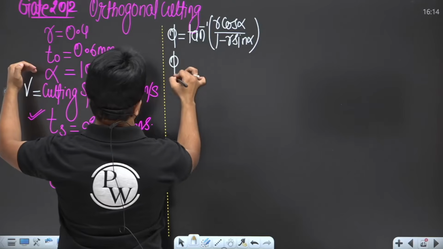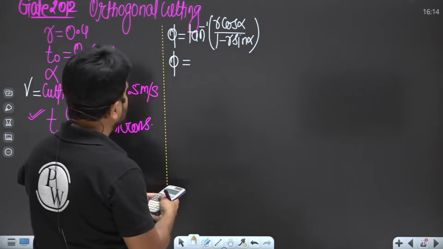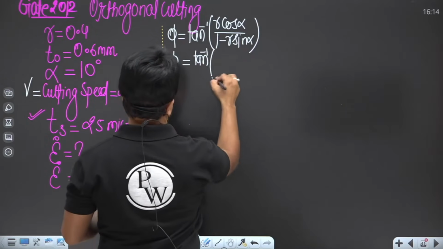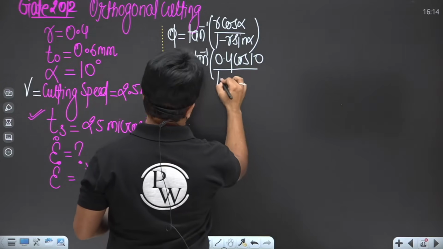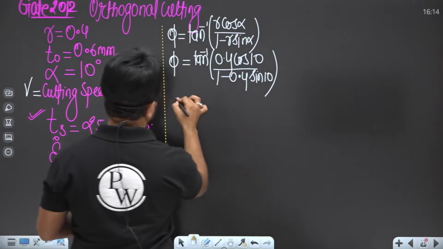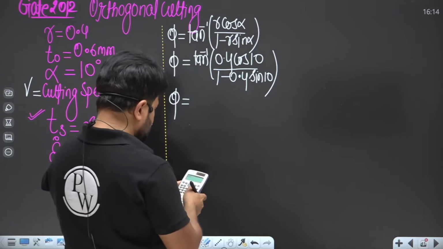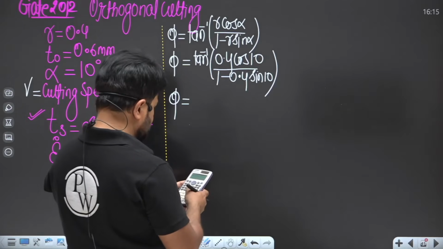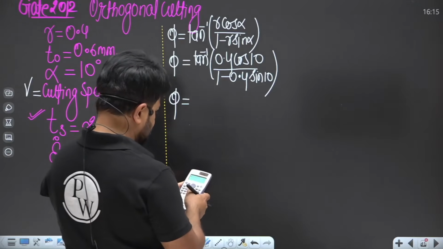So phi equals tan inverse of 0.4 cos 10 divided by 1 minus 0.4 sin 10.